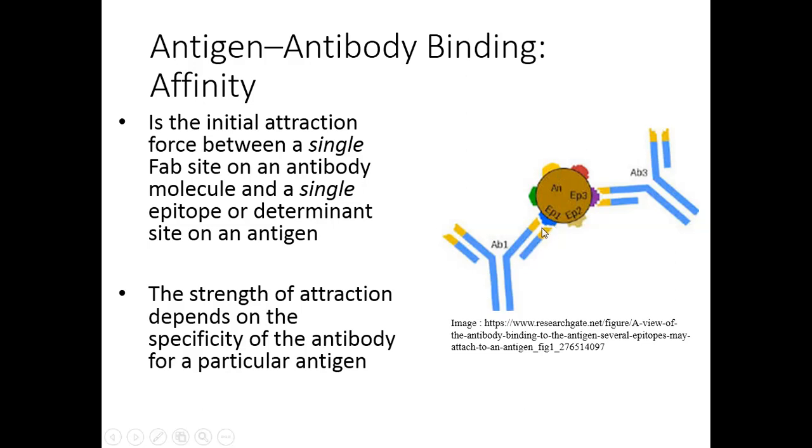IgG, because it's developed over time in memory, has a really great affinity. So very high affinity with IgG because it's developed a really effective FAB region specific for that epitope of that antigen, right? We know that about that.